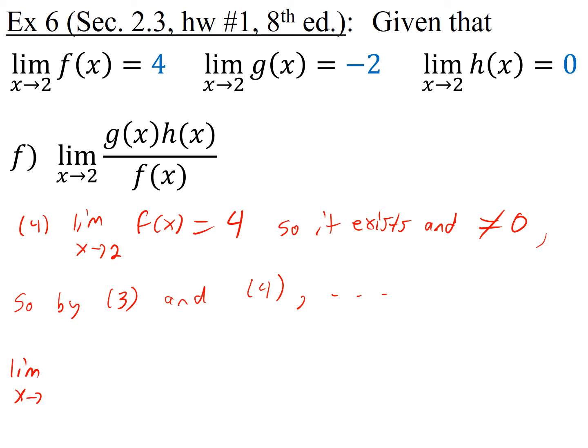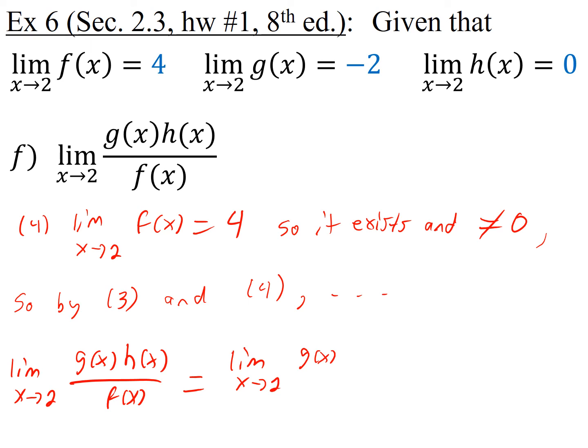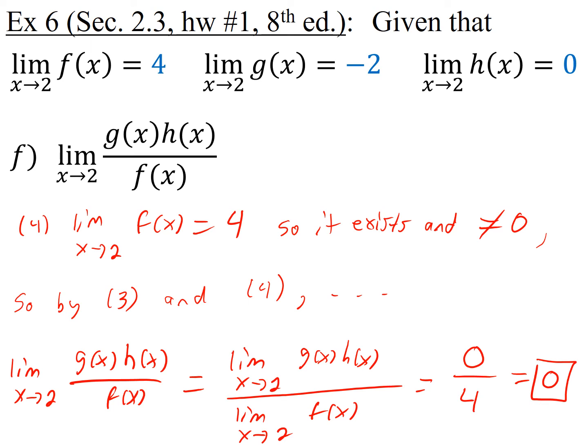The limit as x goes to 2 of g of x times h of x over f of x equals, so I'm just going to put one limit up on top and one limit on the bottom. And the limit of the top is 0. The limit of the bottom is 4. And so the entire limit is 0. So that's how that one goes.